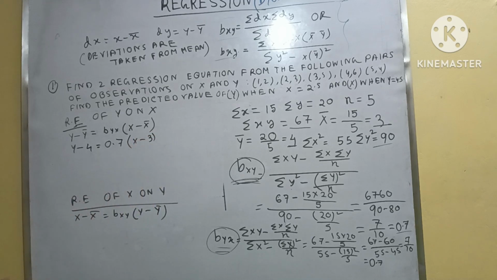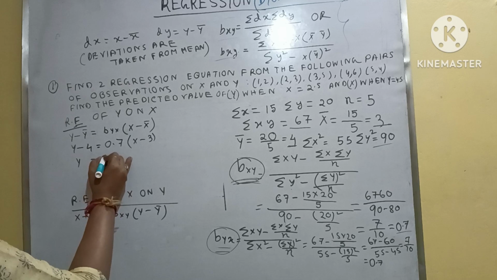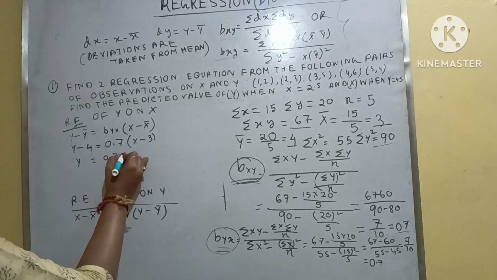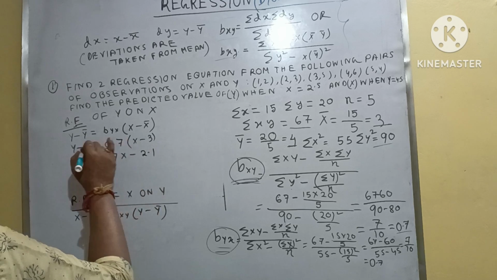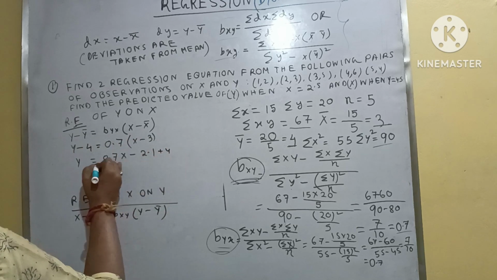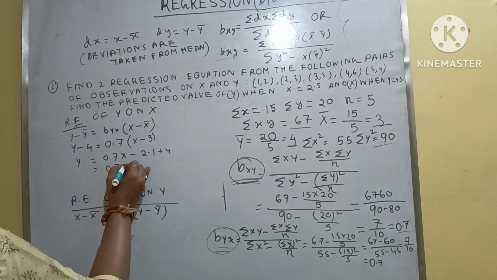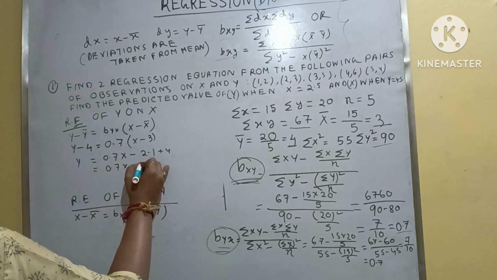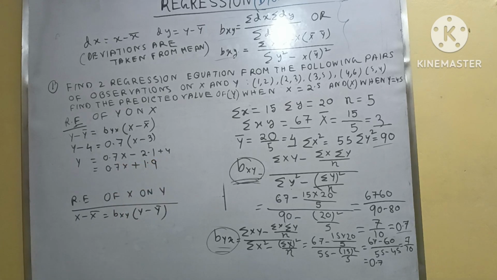Okay, so y equals 0.7x minus 2.1 plus 4, that means 0.7x plus 1.9.